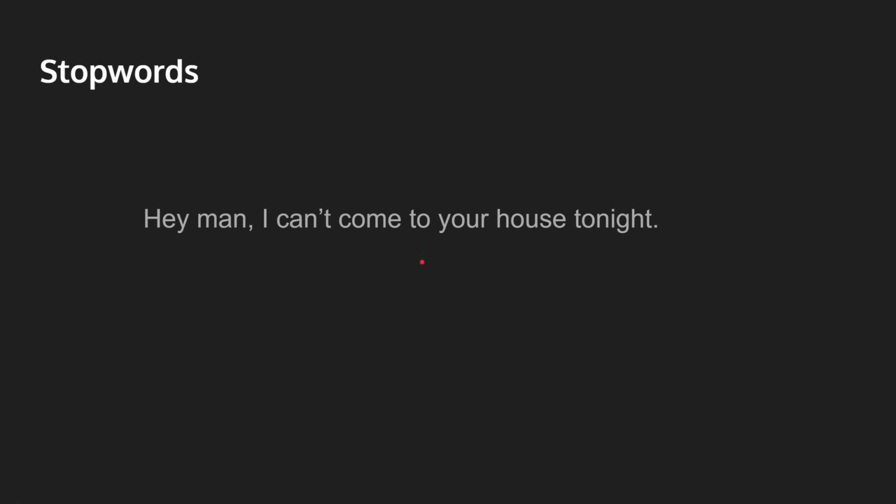So, for example, we can remove hey and we can remove man because they don't really convey anything that changes how we interpret this sentence. And we don't need the word to in come to your house. And the sentence remaining is I can't come your house tonight. And that basically allows us to interpret what the sentence is trying to convey without some of the words, right?